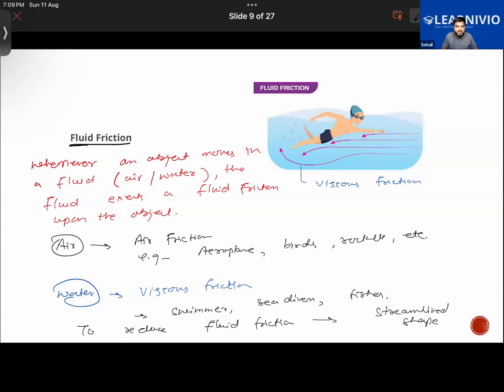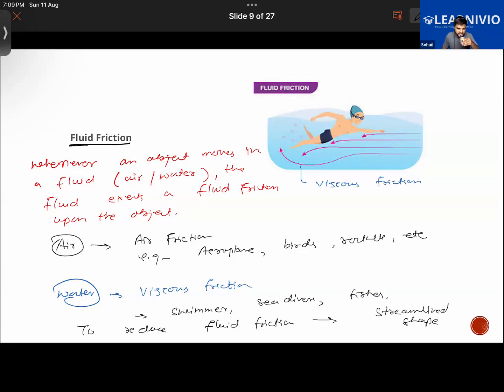A streamlined shape body would be a body where the front part of the body is made pointy so that the contact area of the front part of the body with air is reduced. Thereby, streamlined shapes of the body help in reducing the fluid friction.